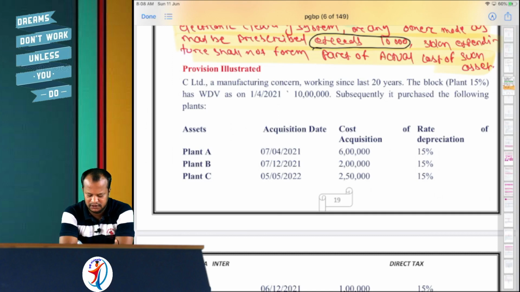C Limited, a manufacturing concern working since last 20 years. The block is the block of a plant. The applicable rate of depreciation is 15%. It has WDV as on 1st April 2021 of 10 lakh.